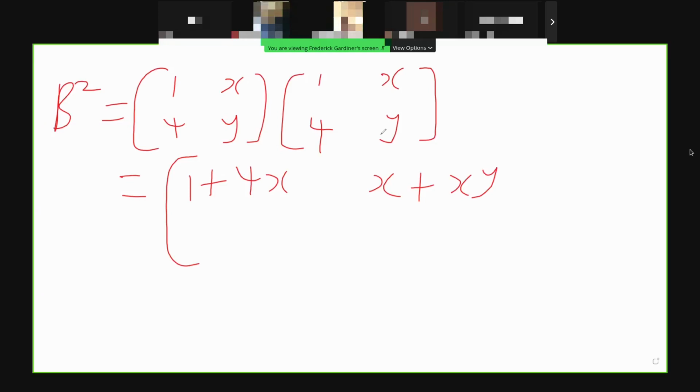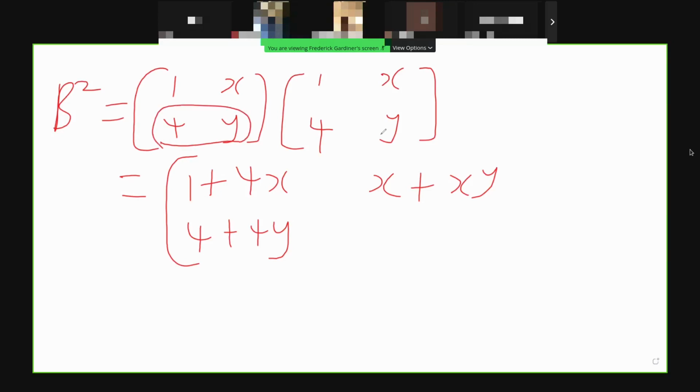Okay. So you agree that the second row is going to be... You said x squared? Where is the x squared from?